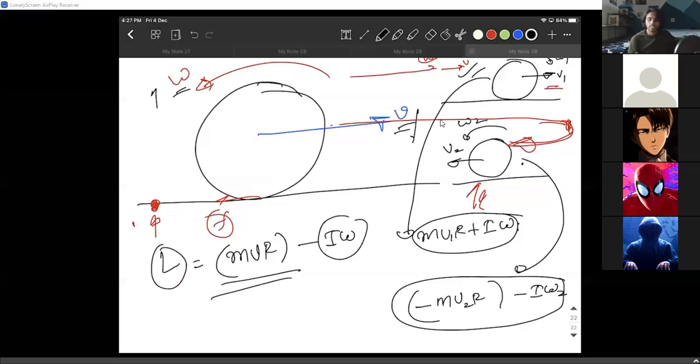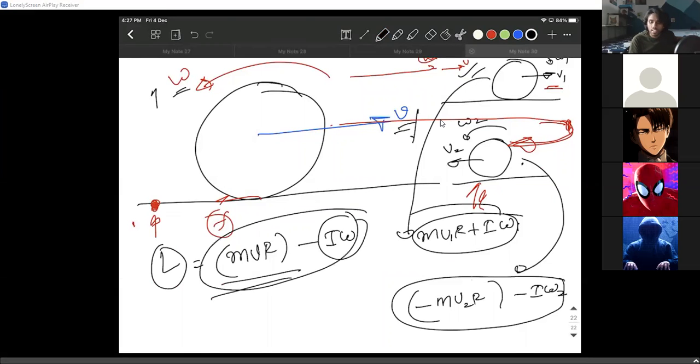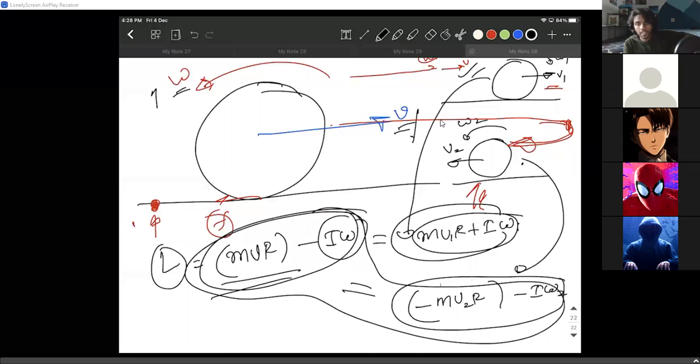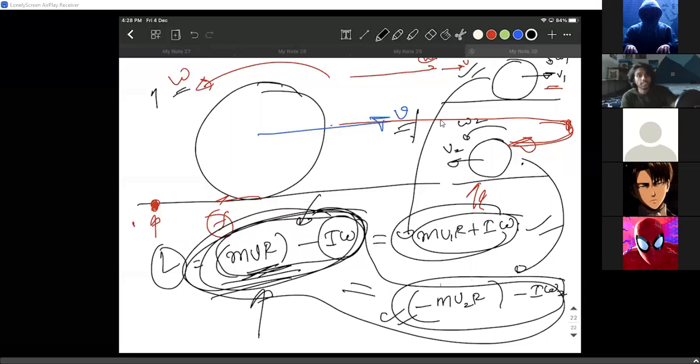I hope you understood. So you equate these two in one case, and in another case you equate these two. No big deal. You will definitely get all the answers. In fact, if this entire quantity is positive, it'll end up in case 1. If the entire quantity is negative, you'll end up in case 2.